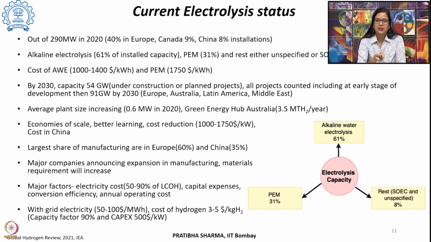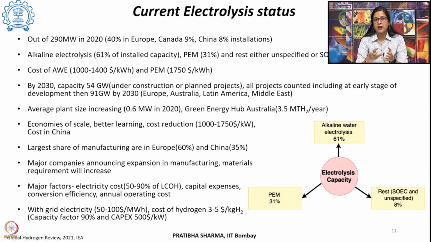It has also been seen that the average plant size will increase over a period of time. Currently the average plant size of an electrolyzer is roughly about 0.6 megawatt in 2020, but now there are projects coming up which have a plant size of 100 megawatt.